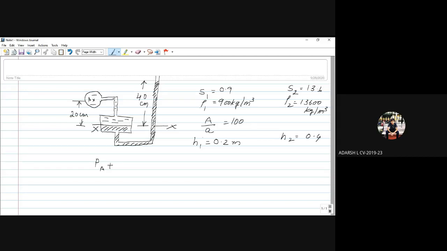Or we can also do one thing. We can use the expression that we have derived earlier, that A by a expression that we get. I will write the expression here, so we don't have to come back to that.